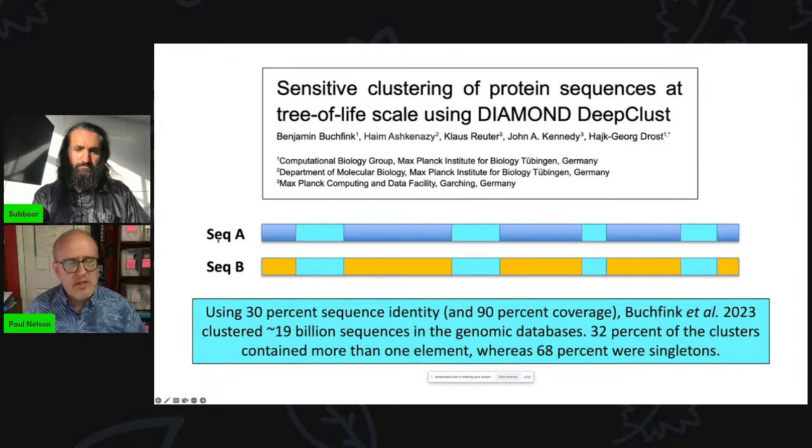So in my little cartoon here, I have A and B, and these turquoise rectangles represent identities along the reading frames of these genes.